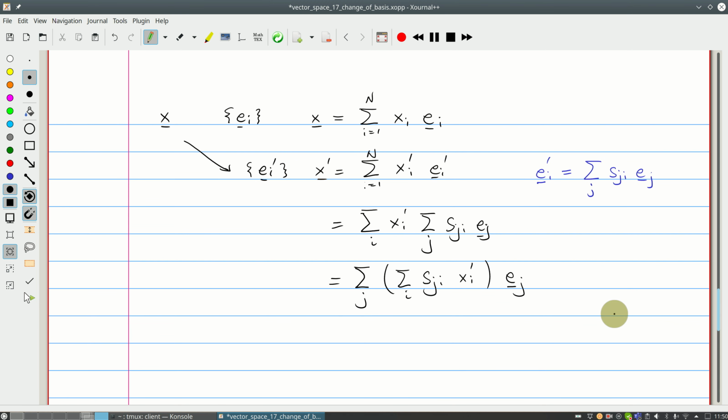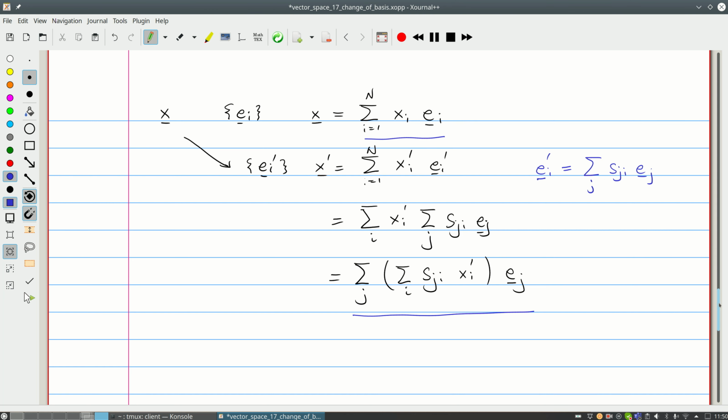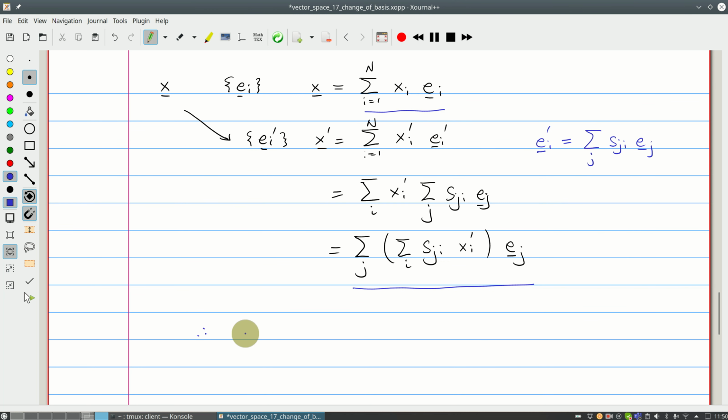Okay, and now if you compare this with this, remember these two vectors x are the same vectors. We're just representing them in different basis sets. Therefore, these components have got to be the same. So therefore, we must have x_j is equal to the sum over i of S_ji x_i prime.